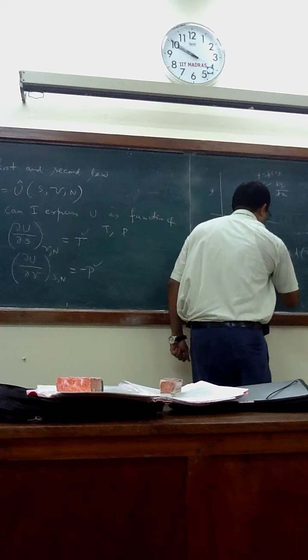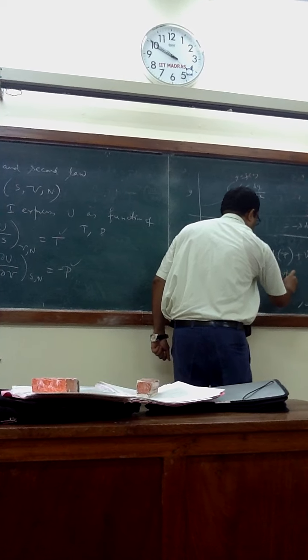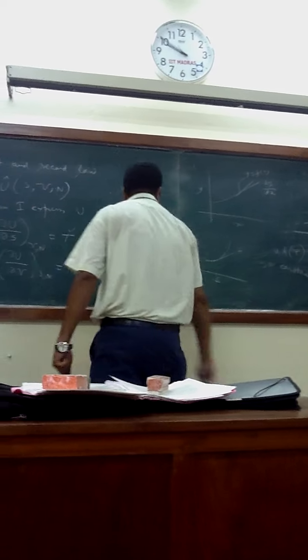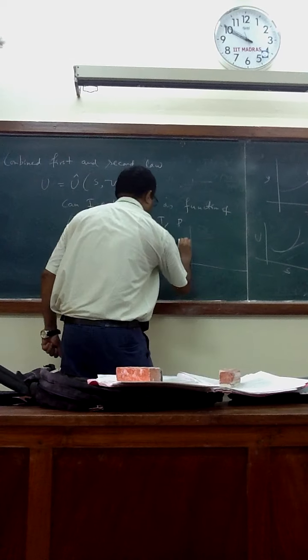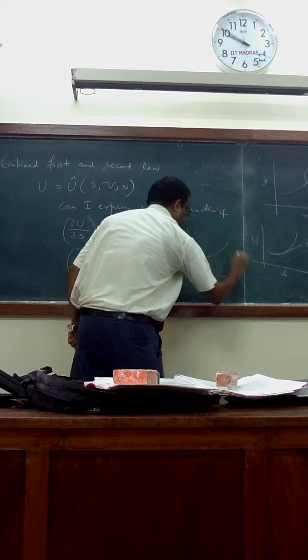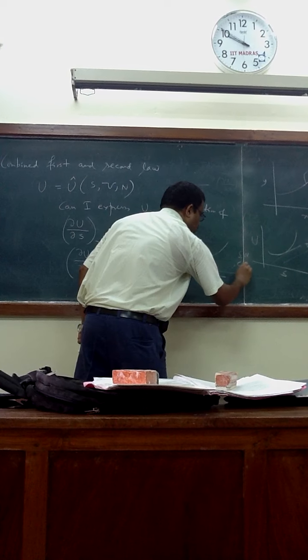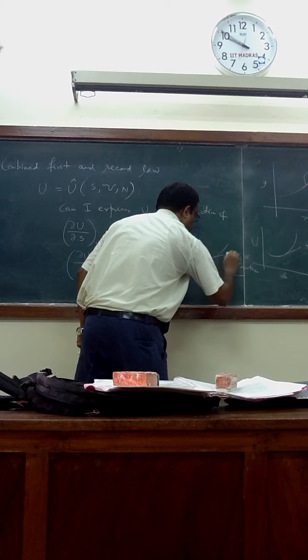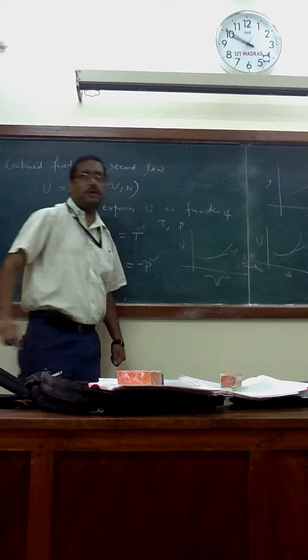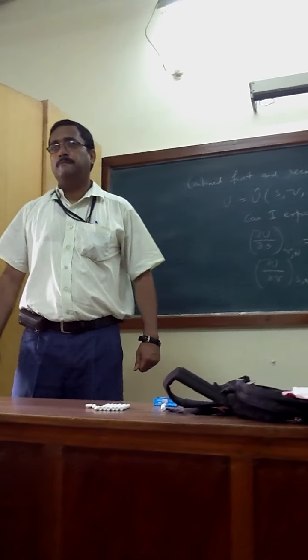Keeping S and N constant, if I have a U versus V plot, the slope is minus P. Very interesting.